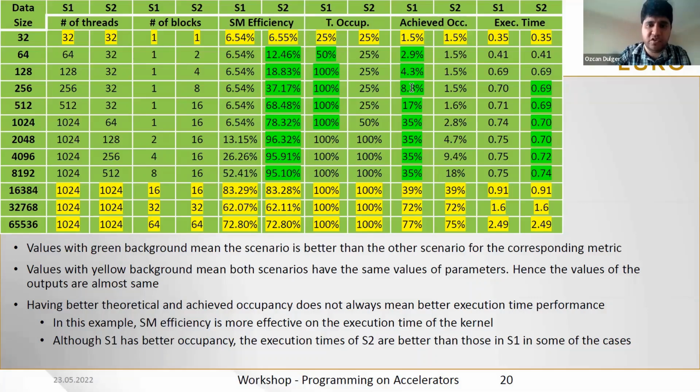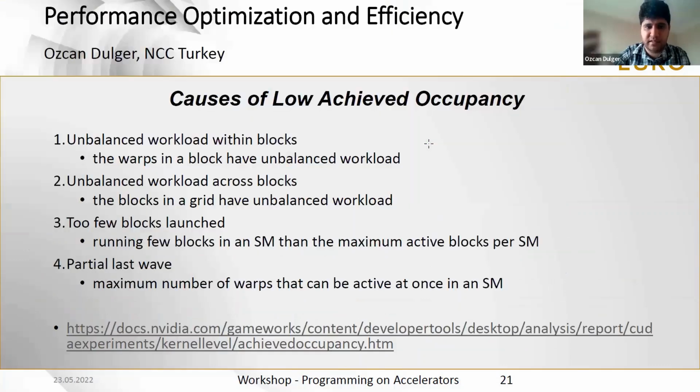The reasons can be an unbalanced workload within blocks, an unbalanced workload across blocks, too few blocks, or a partial last wave. You can obtain detailed information about these reasons on this website.